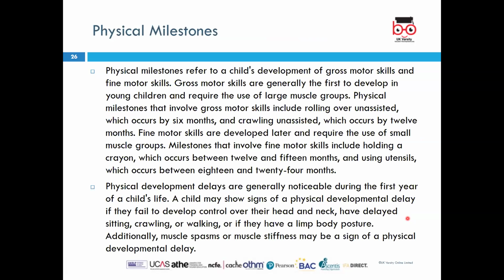Physical milestones are gross motor skills and fine motor skills. Gross motor skills are those that are developed first, earlier than the fine motor skills. Think about a child who's using their large muscle groups, such as their legs and their arms, and they're not going to write initially.